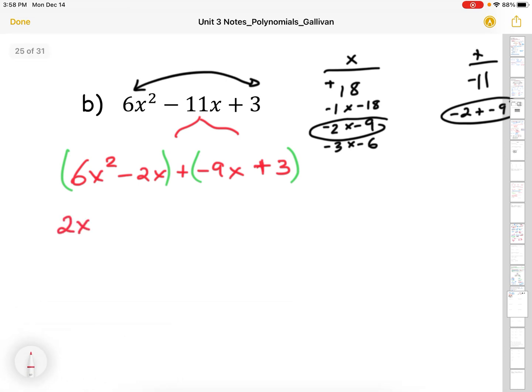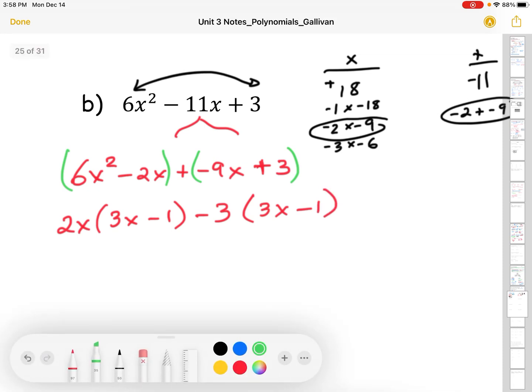So 6x squared minus 2x, I can divide them both by 2x. So I will get 3x minus 1. And negative 9x plus 3, I don't want a negative in there, so I can divide it by a negative 3. So I'll get 3x minus 1.